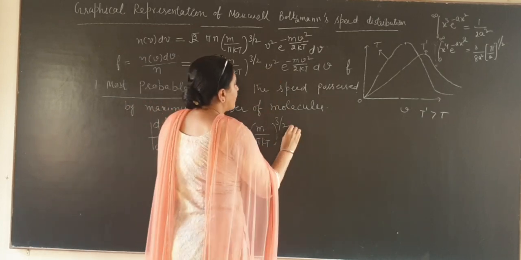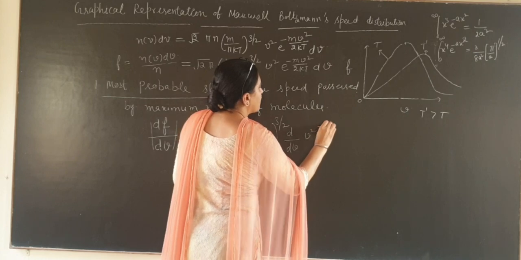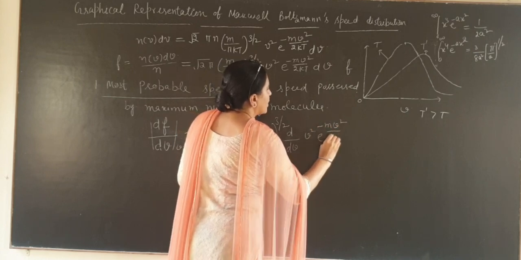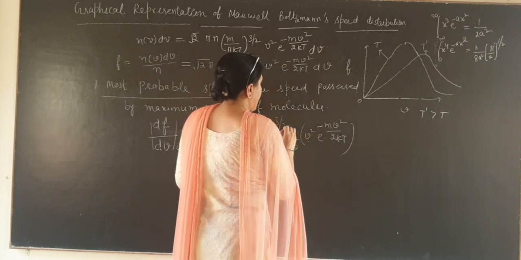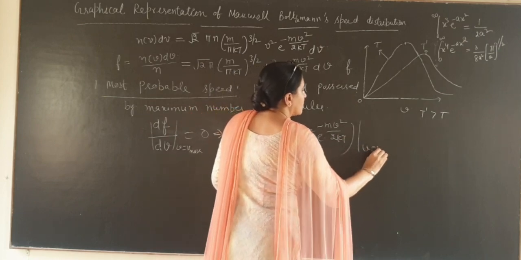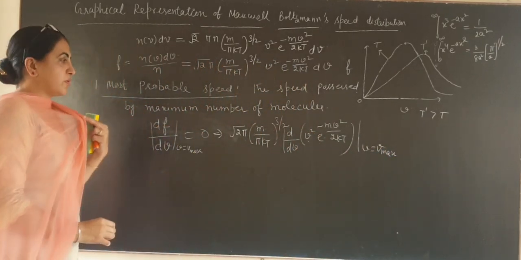The derivative d over dv of v square e raised to power minus m v square over 2 kT, at v equal to v maximum.